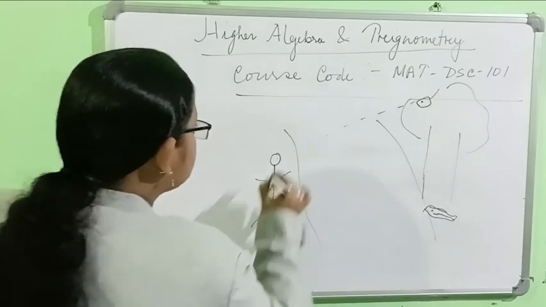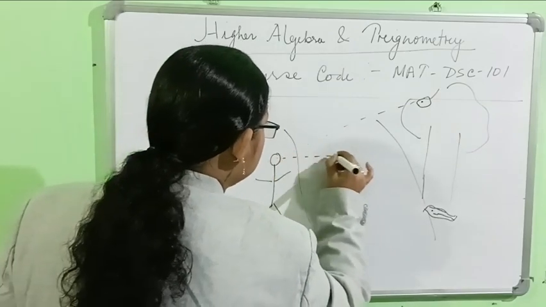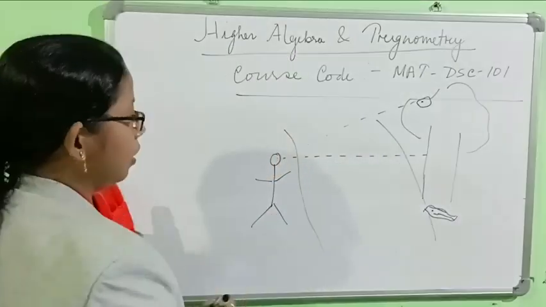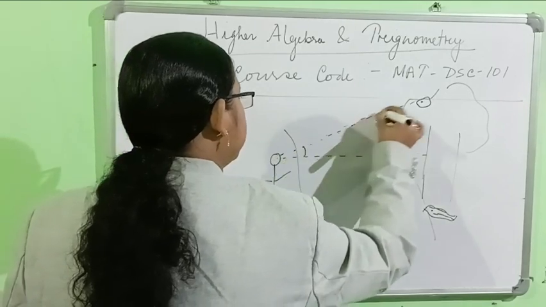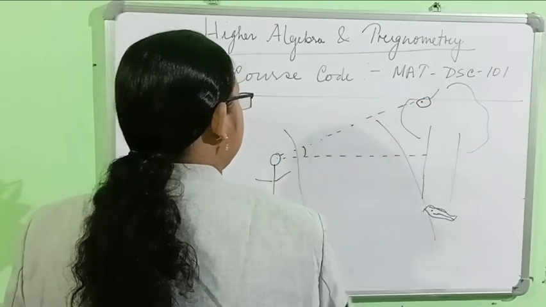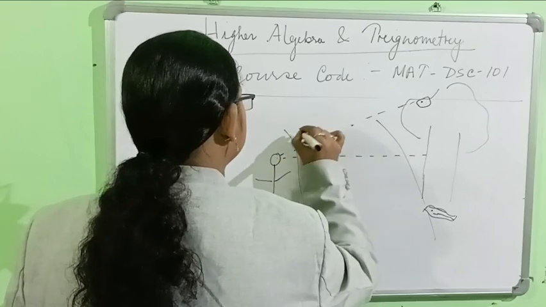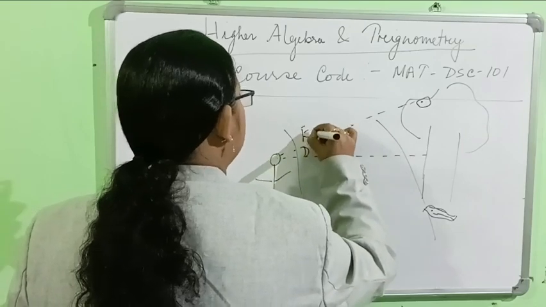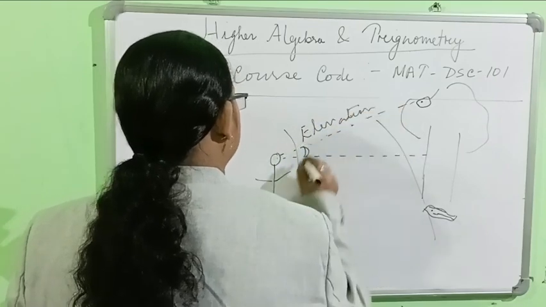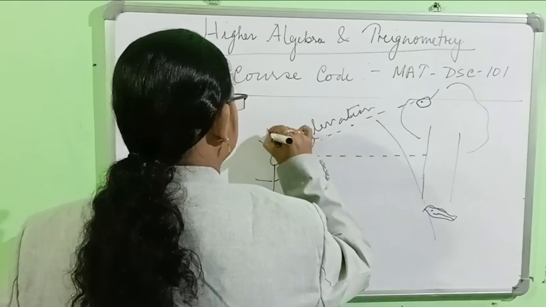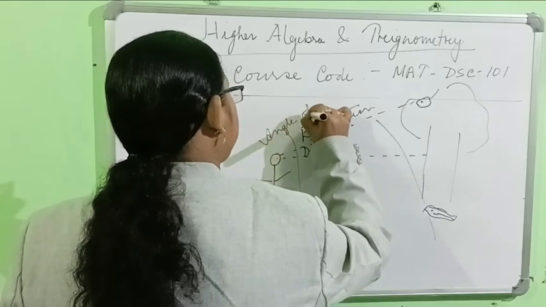Then if I draw a horizontal line from his height to this tree, this angle made upward by the person with this bird is known as angle of elevation.